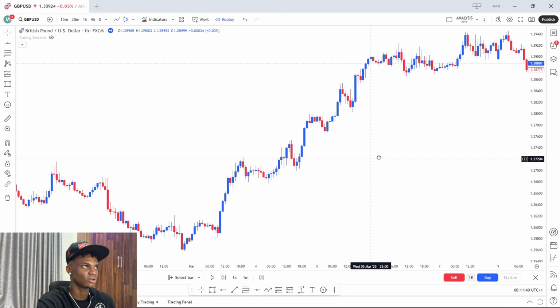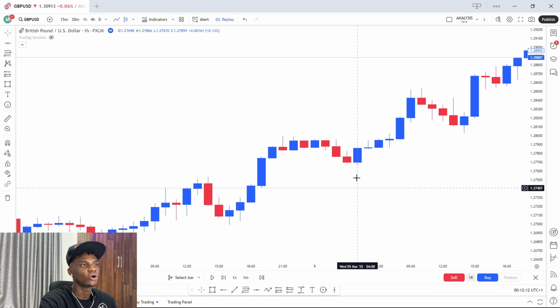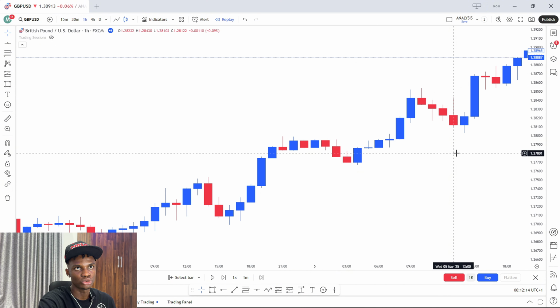Now, if you look at this space, look at this area. This is an initial bearish candle, but this second candle engulfed this initial bearish candle. So this is a bullish engulfing candlestick pattern. Now, in trading, basically, all I can do is take a trade on the close of this bullish engulfing pattern.